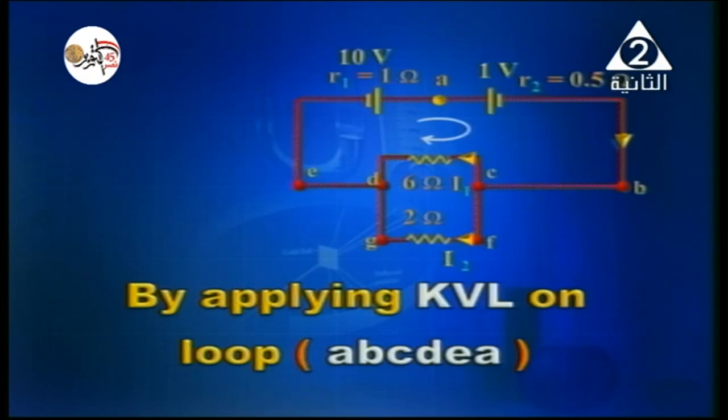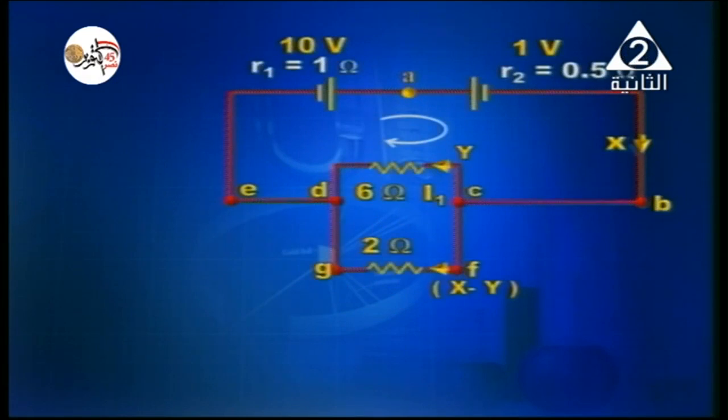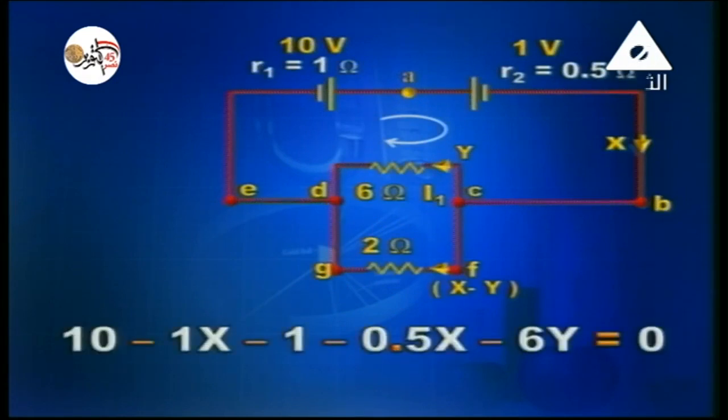So we can say 10, the voltage of the first cell, moving clockwise, 10 minus 1 times x, the voltage drop due to the internal resistance being the product of the current. Assume the current flowing through the whole circuit is x, and the current passing through the 6 ohm resistor is y.